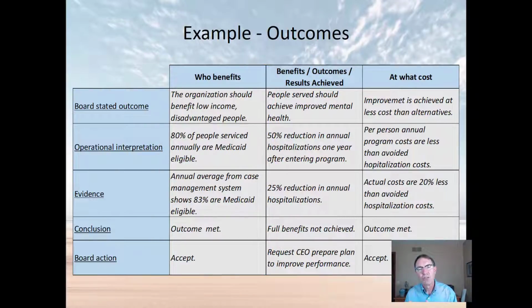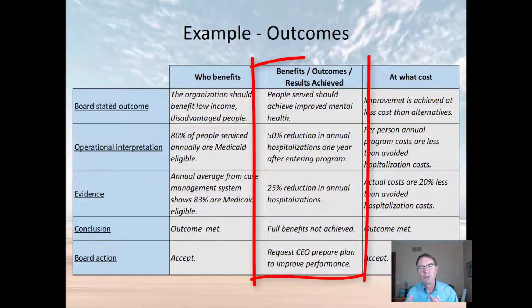If we now go to the benefits or outcomes or results column, people use different terms here. The board might state something like the people served should achieve improved mental health. An operational interpretation of that might be that we would like to see a 50% reduction in the annual hospitalizations for mental health reasons 1 year after entering the program.